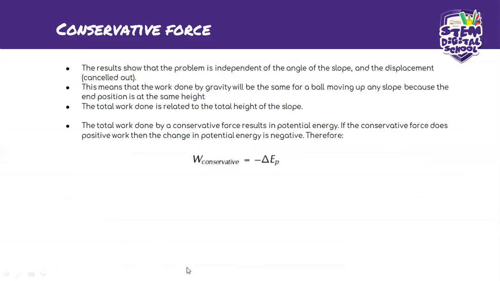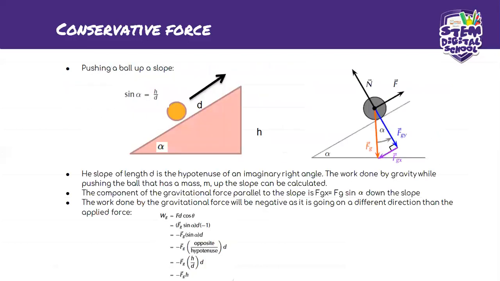So the result shows that the problem is independent of the angle of the slope, and the displacement is cancelled out. Okay, this means that the work done by gravity will be the same for a ball moving up any slope, because the endpoint position is at the same height. So the total work done is related to the height of the slope. Okay, so this one plays an important part, and everything else is independent of the angle, and it's also independent of the distance.